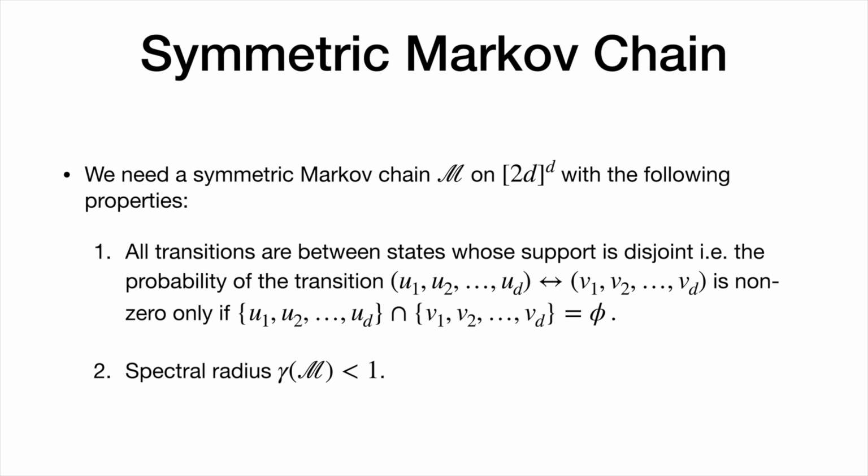First, the transition probabilities are non-zero between two vectors u1 to ud and v1 to vd only if their supports are disjoint. That is, there's no element that is present in both u1 to ud and v1 to vd. And the second condition is that the spectral radius of this symmetric Markov chain is not equal to 1.